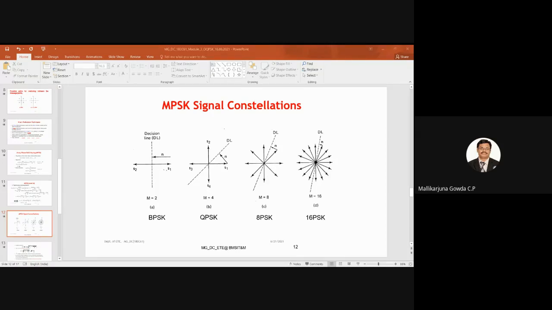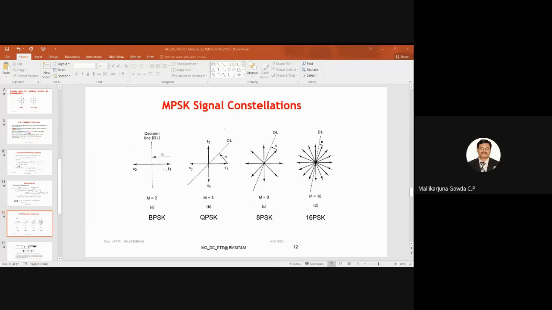So I will be able to convey 4 symbols, each symbol having 2 bits, by 4 different phase shifts: pi by 4, 3 pi by 4, 5 pi by 4, and 7 pi by 4. In the same way, in case of 8 PSK, 3 bits equal 1 symbol, so totally 8 symbols will be there, right?